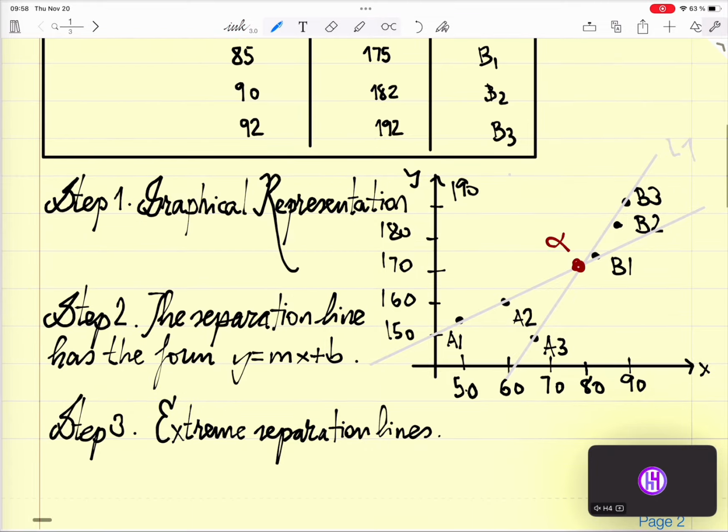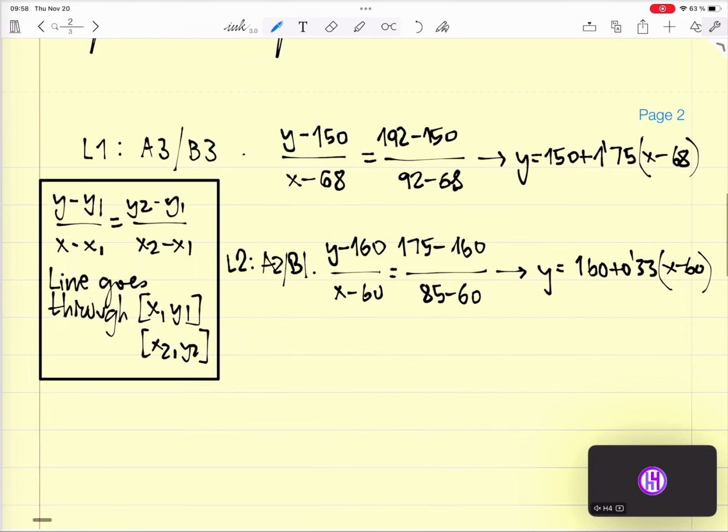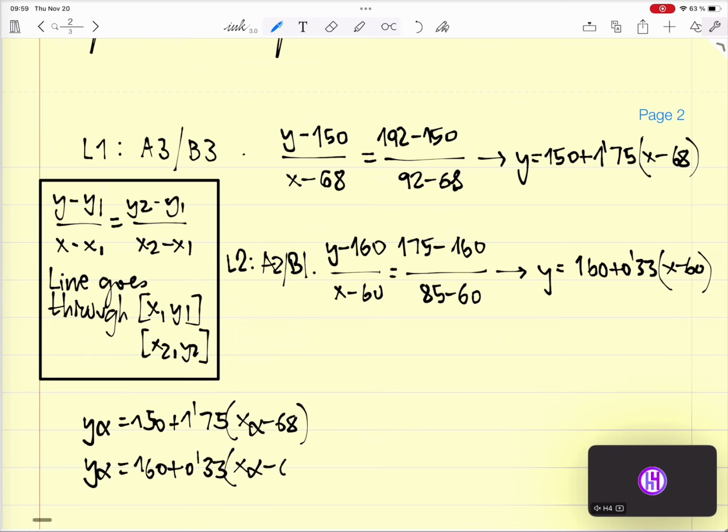The equation of this point alpha is fulfilling both lines, so y sub alpha is 150 plus 1.75 times (x sub alpha minus 68), and for the second line, y sub alpha is 160 plus 0.33 times (x sub alpha minus 60).